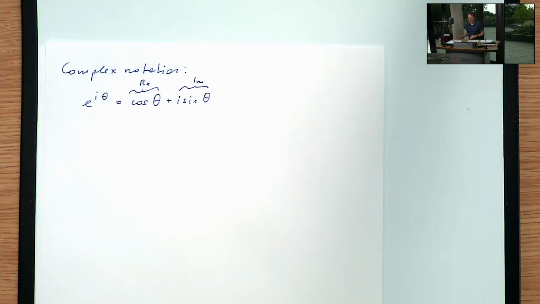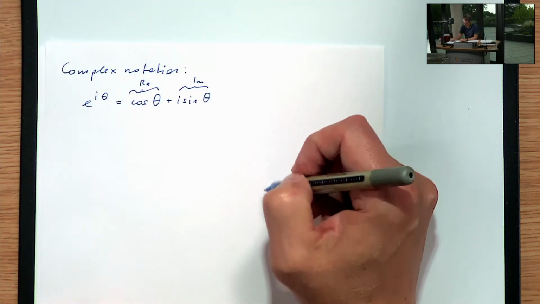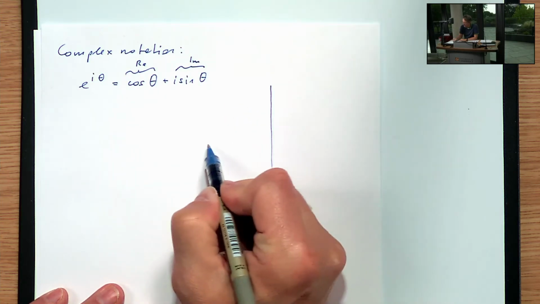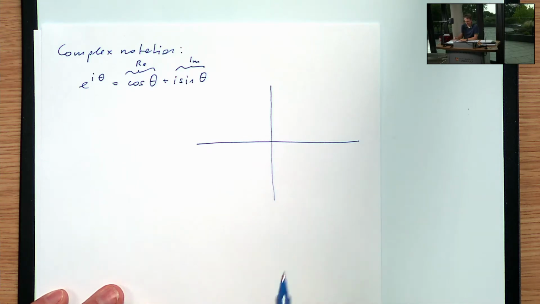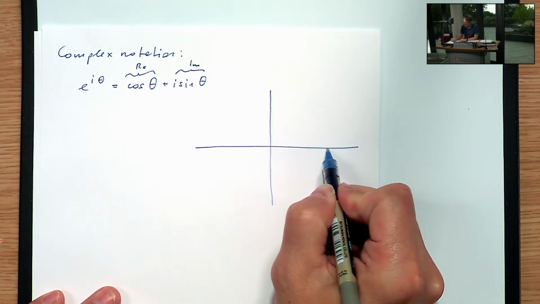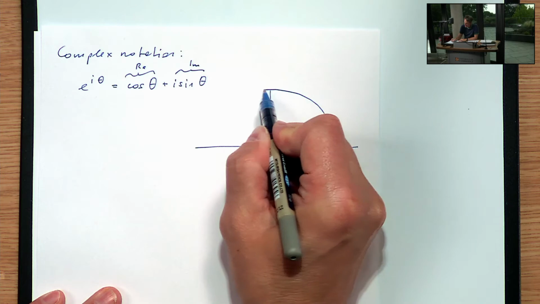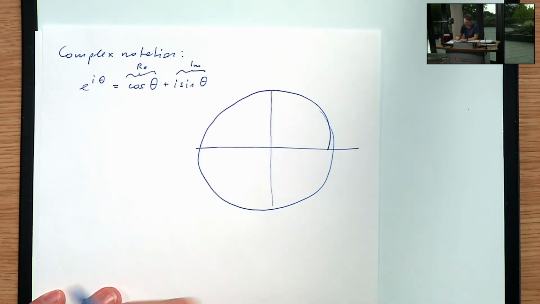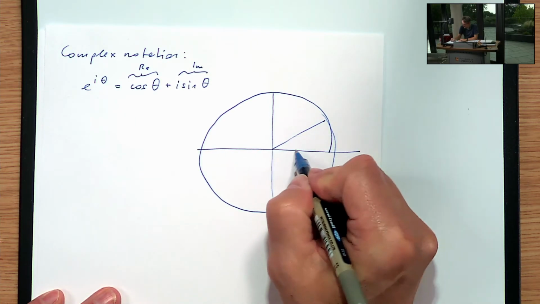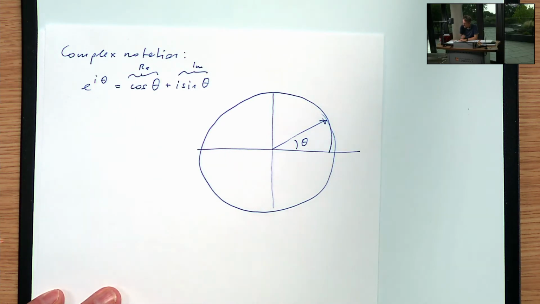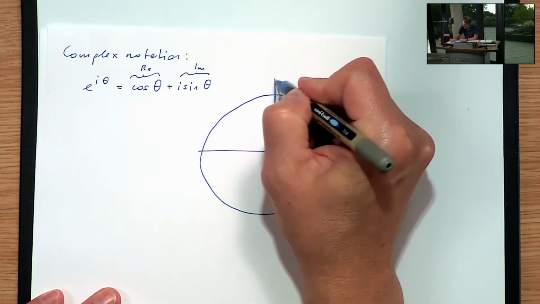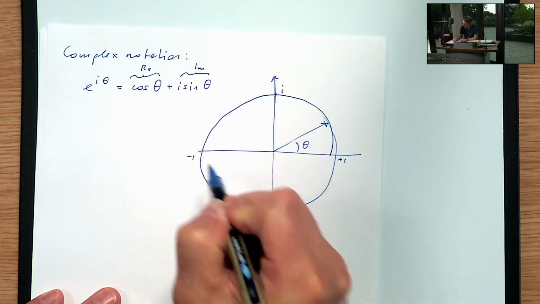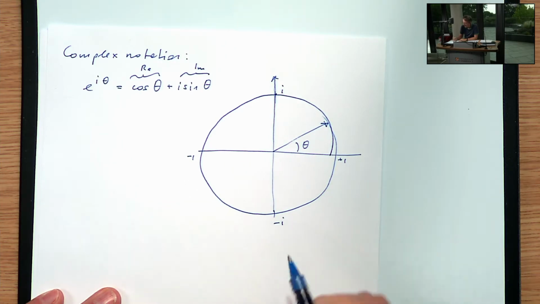And you can draw this on a circle like this, where theta is this angle here. We draw, this is i, this is +1, this is -1, and this is minus i.